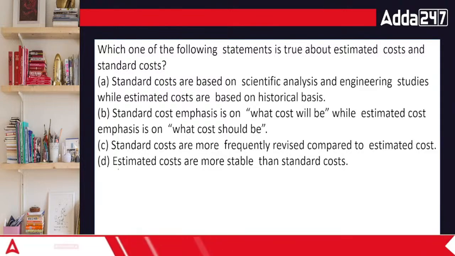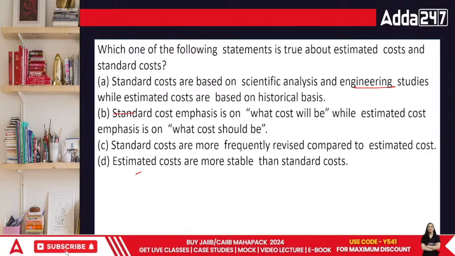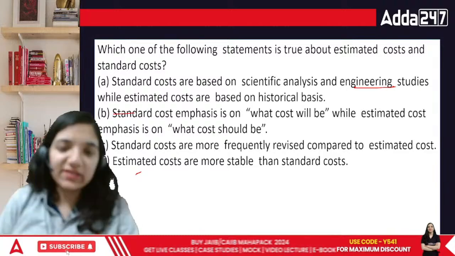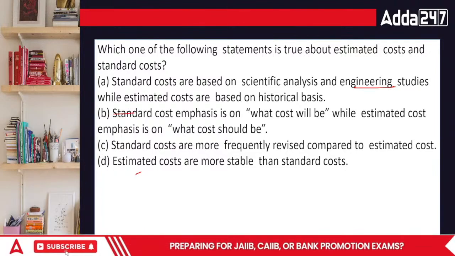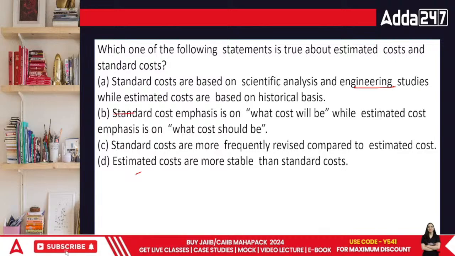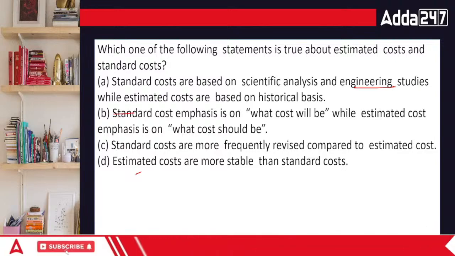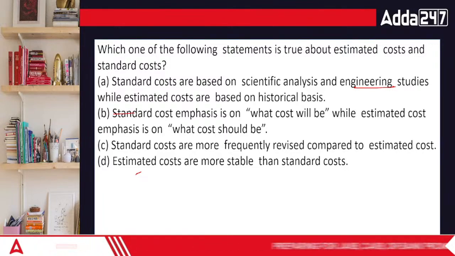Standard cost is basically the scientific analysis of engineering studies, while estimated costs are historical. I can say standard is basically when we are setting up a specific area, that this is what we are trying to achieve, and this is what we are supposed to get.